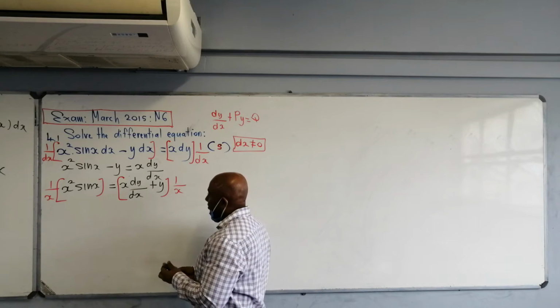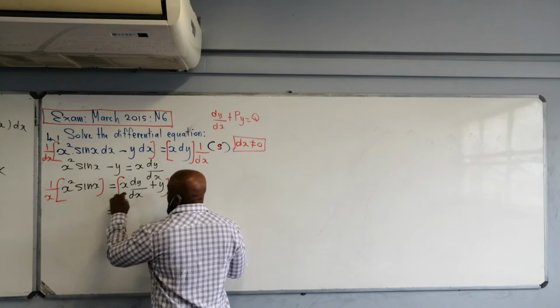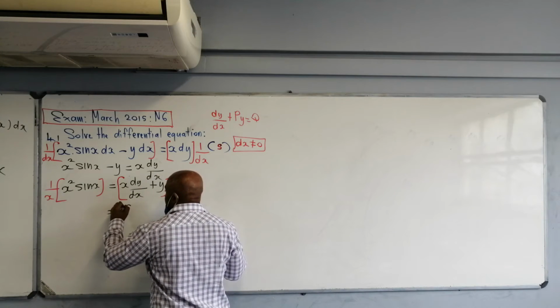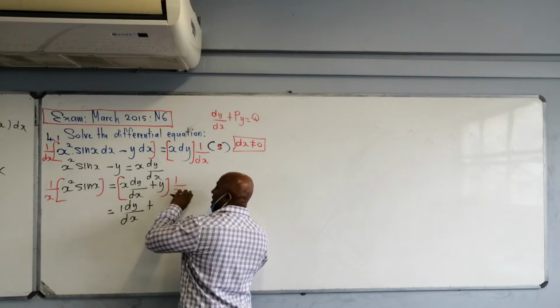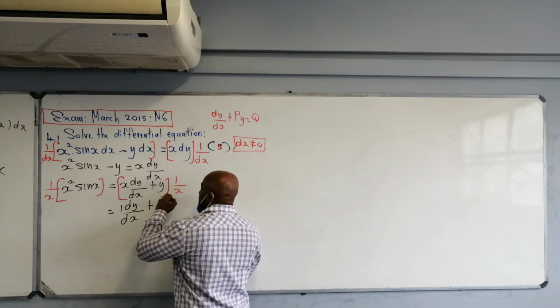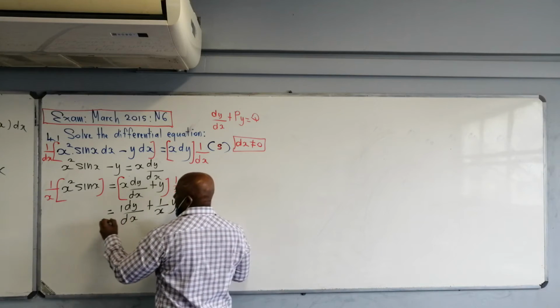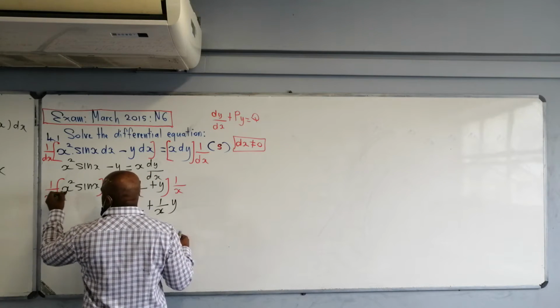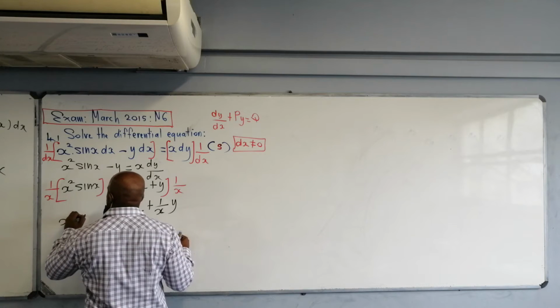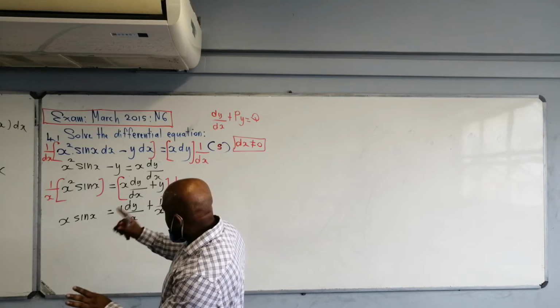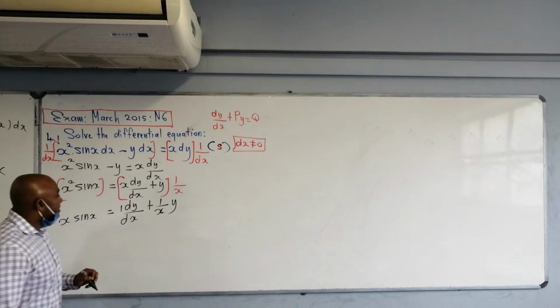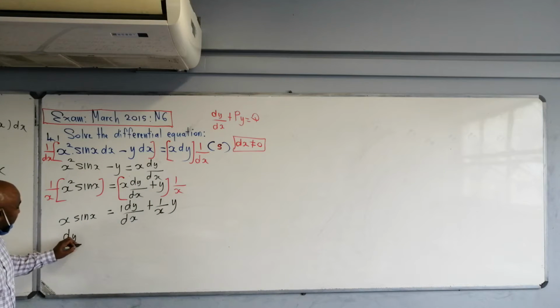So now, x times 1 over x is just 1 times dy over dx plus y times 1 over x, that's 1 over x times y. And here x squared and x will cancel, so you end up with just x sine x. Right, let me just transfer it to the left hand side, since we are used to writing it on the left hand side.